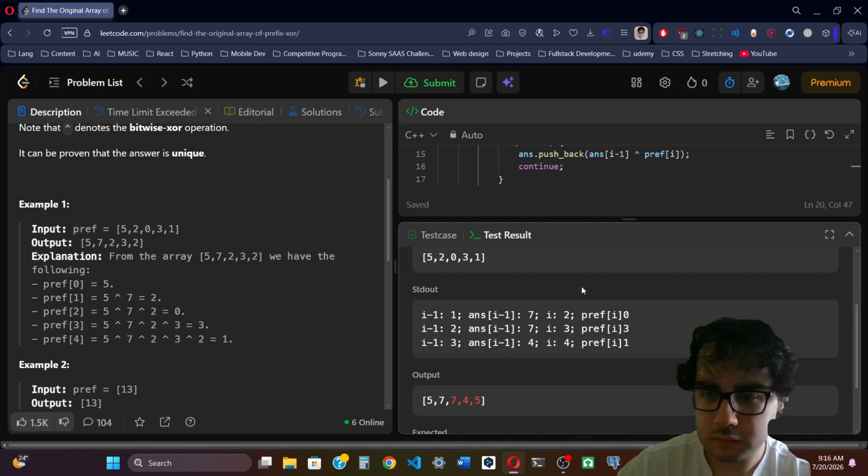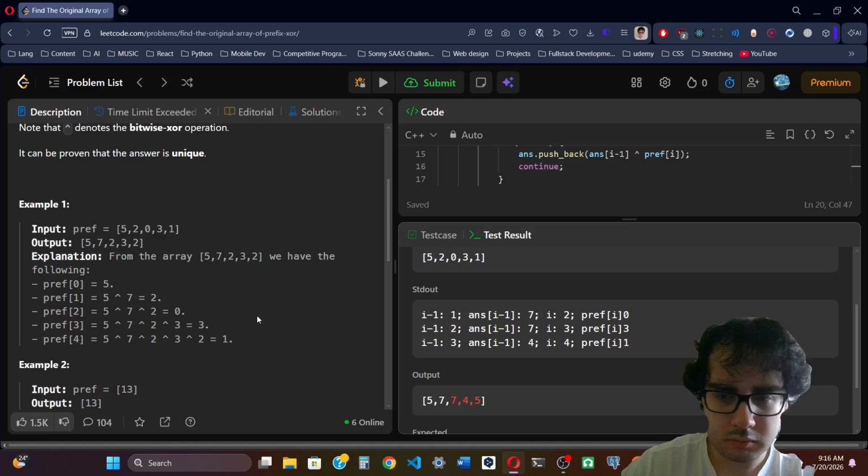So 021. Okay, so we skip 2. 224. Okay, no, it's actually there.